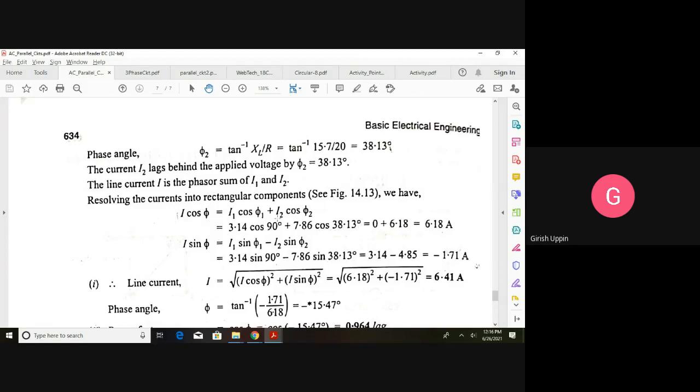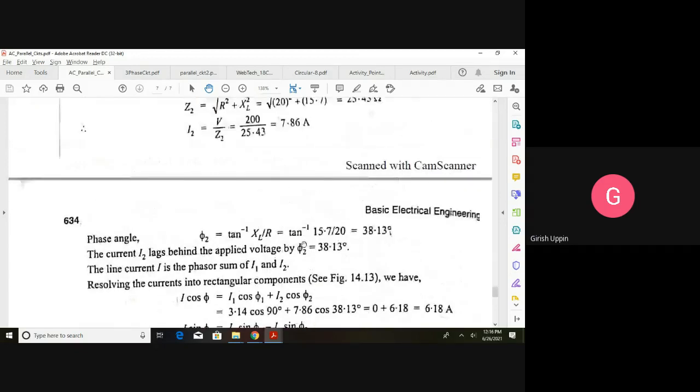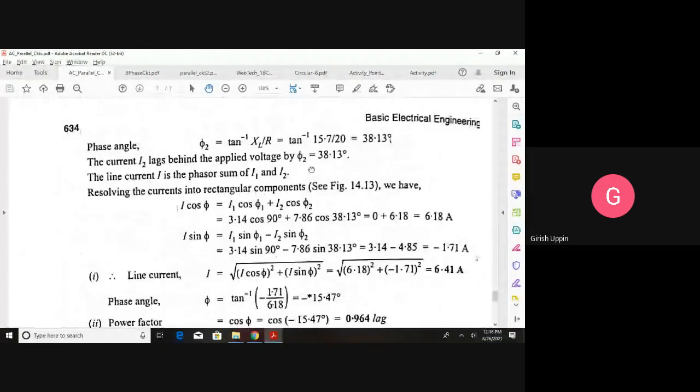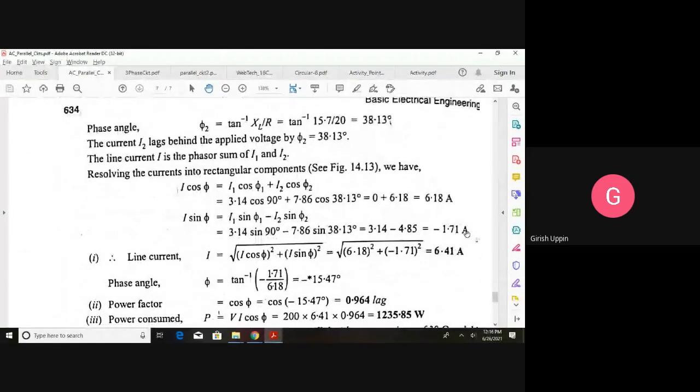Cos of 90 is 0, so this component is 0. So I cos phi is 6.18 amperes. Similarly, you calculate I sin phi: I1 sin phi 1 minus I2 sin phi 2, because phi 2 is a minus angle, that is why we have the negative sign there. So I sin phi you get as minus 1.71 amperes.